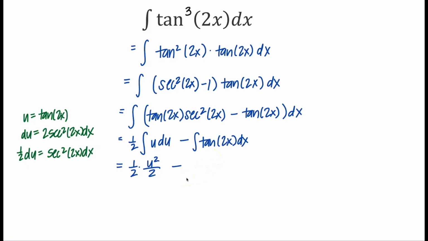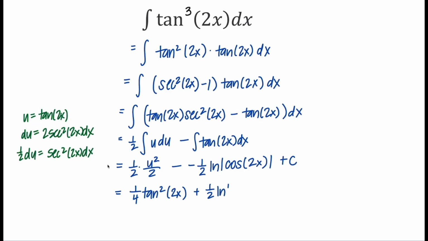So it's going to be negative 1/2 natural log the absolute value of cosine 2x, and then we'll put a plus c at the end of this entire thing. And now we'll plug u back in. So we have 1/4 tangent squared 2x plus 1/2 natural log cosine of 2x plus c.